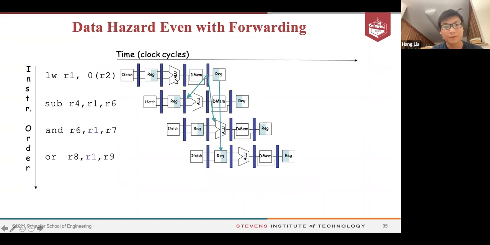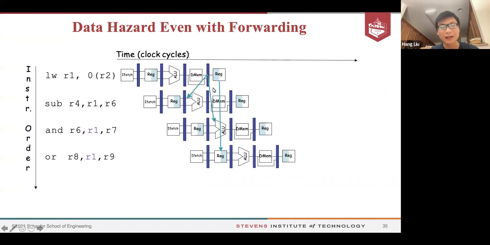Even though data forwarding is good, it's also important to understand that it might not be able to solve the problem. For instance, take this load using R2 as the address, the value of R2 plus 0, and store it in R1.